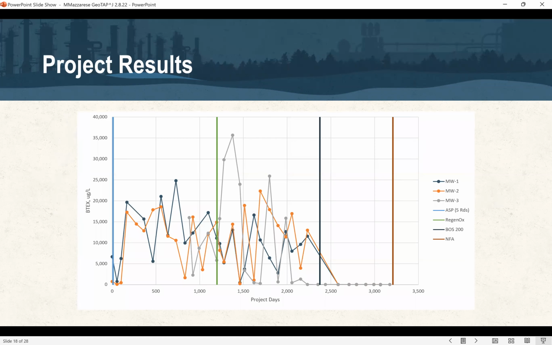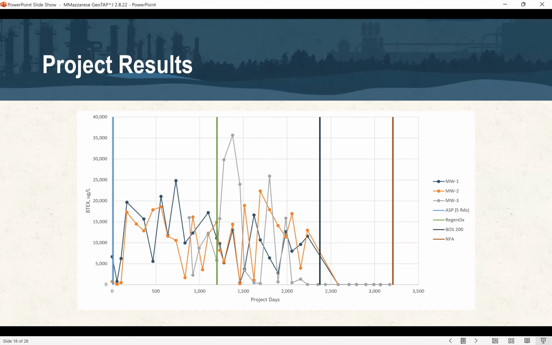Here's this data. You see a lot of variability, so I'll walk you through it. There were 5 rounds of sodium persulfate that were injected on the site, and I'm calling that day 0. I didn't have a lot of data as to when those were done, so I'm just calling that day 0. There was also Regenox applied, say day 1200 or so in this timeline.